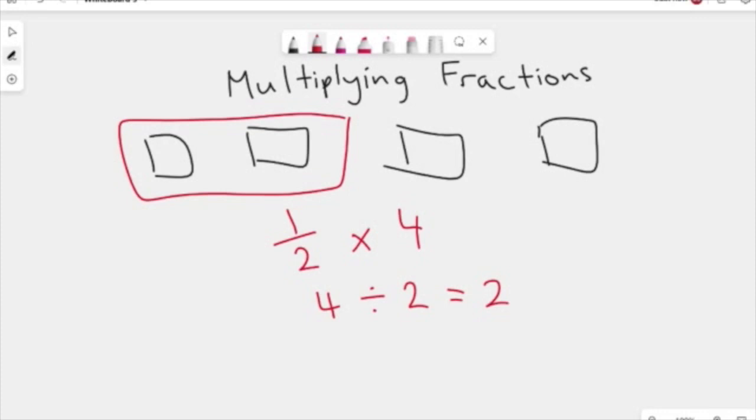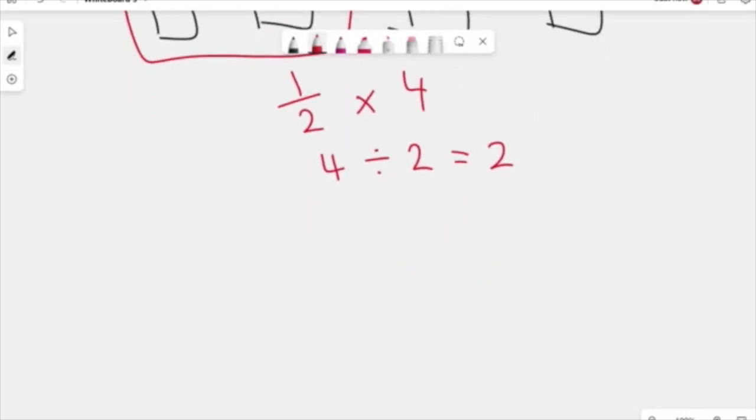Now, this is all well and good and not too bad to do when we take fractions of a whole number. But where it gets problematic is when we find fractions of a fraction. So we're doing fraction multiplication. Here's one example, and we're going to represent this using fraction squares like I've done in the past.